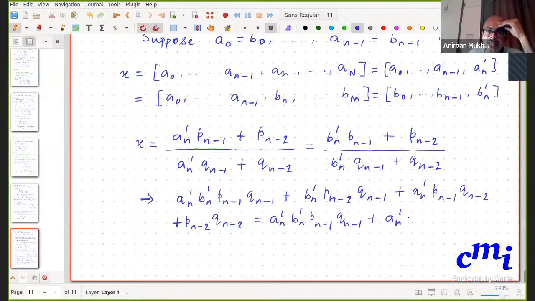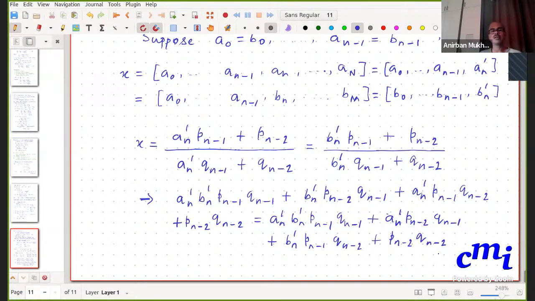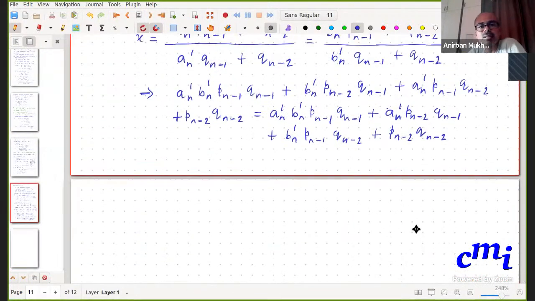So an' pn-2 qn-1, that's multiplying by the first thing, and then we have the second thing, so bn' pn-1 qn-2, plus pn-2 qn-2. So the first and last entry cancel.